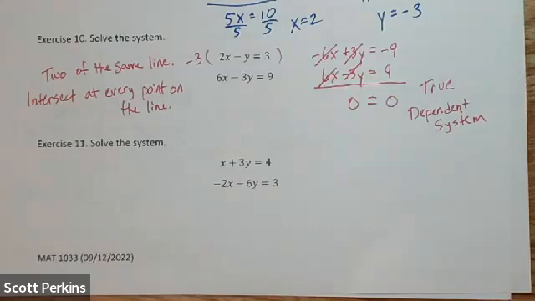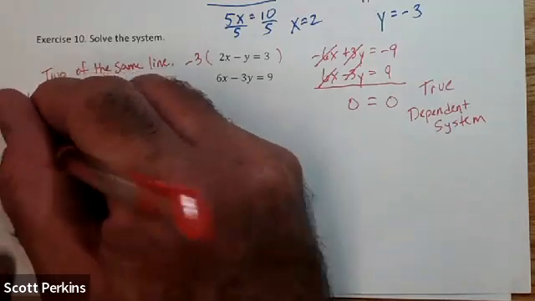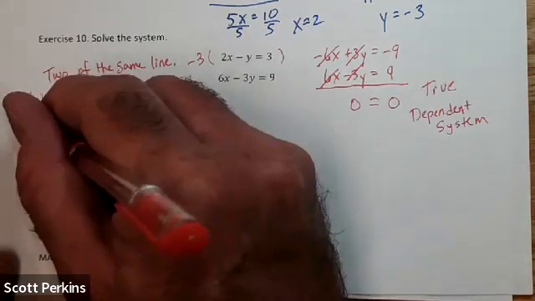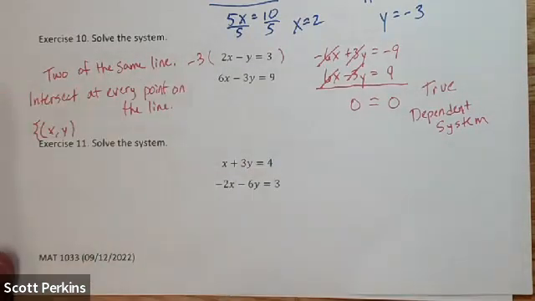And so the way that we write this, every point on the line is the solution. This is how you're going to put it into MyMathLab. It goes like this. It's the set, MyMathLab is going to give you this part, it's the set of x's and y's, the set of ordered pairs such that, and then this is the part that you're going to contribute when you notice you have a dependent system.